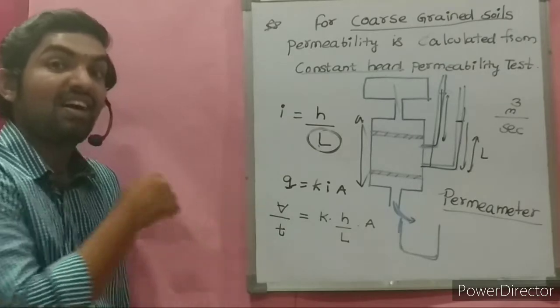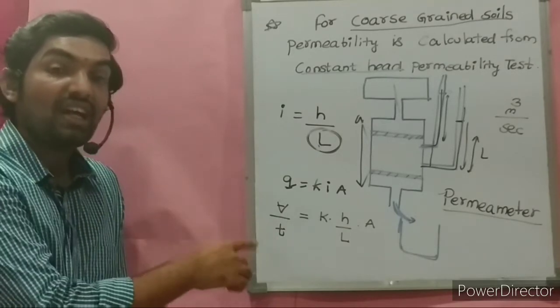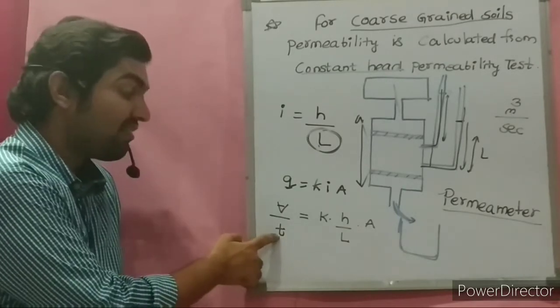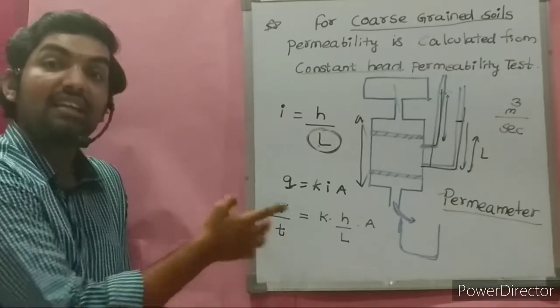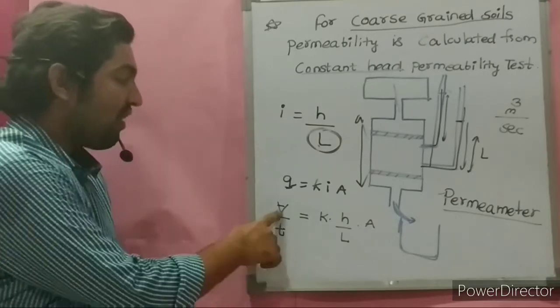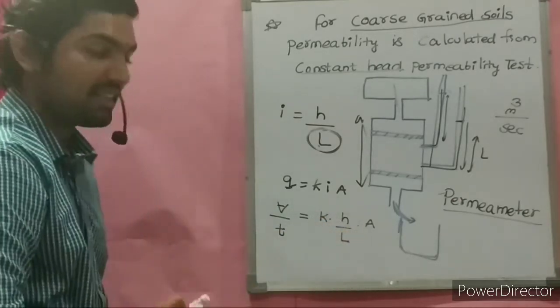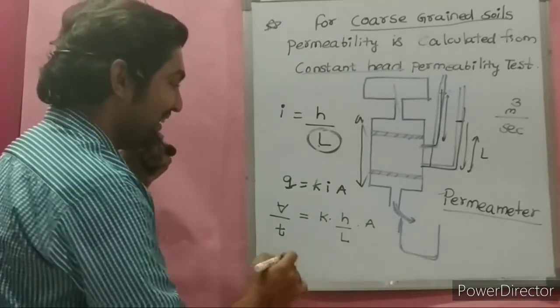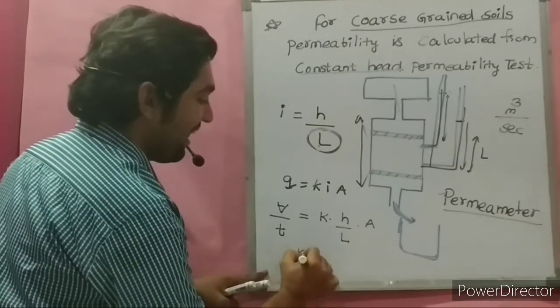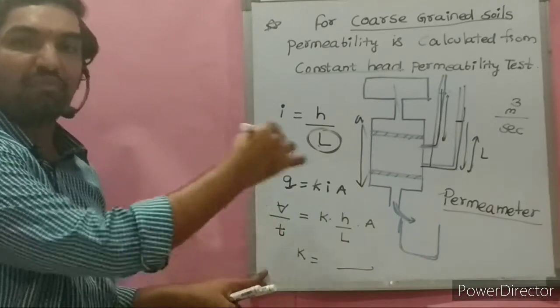That is discharge, the volumetric flow rate. The term rate is used because anything with time is a rate. So volume by time is equal to K H by L into A. Thereby we can calculate the coefficient of permeability from this equation.